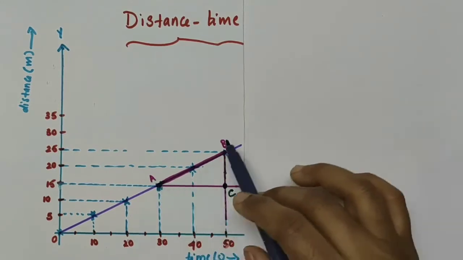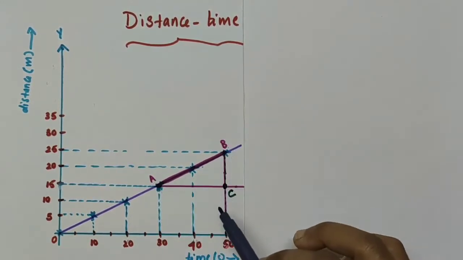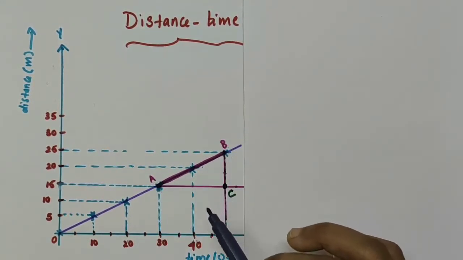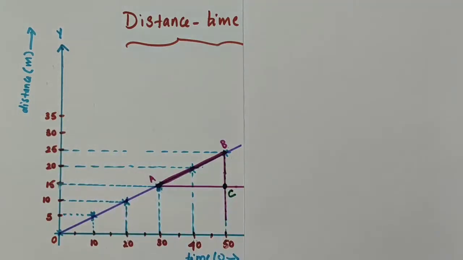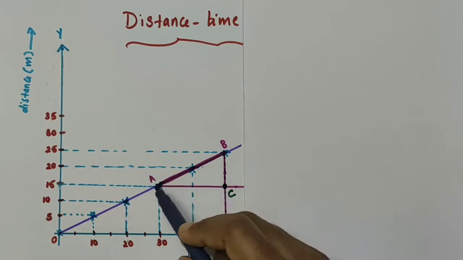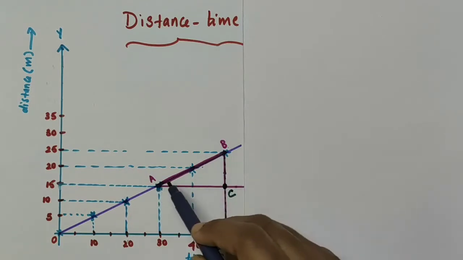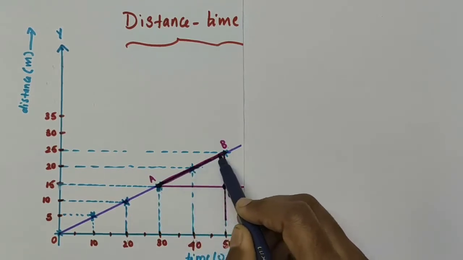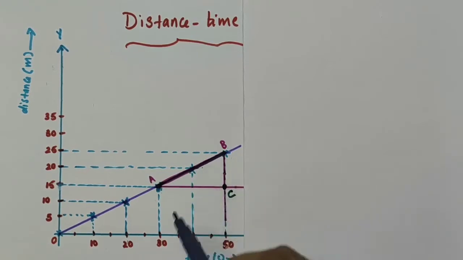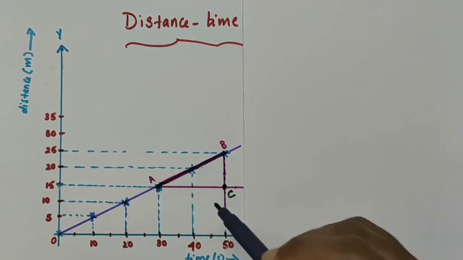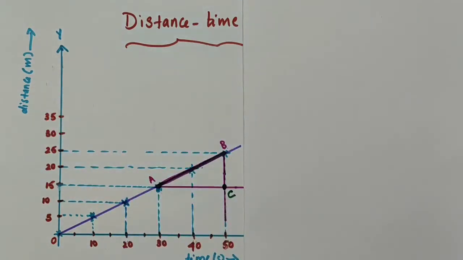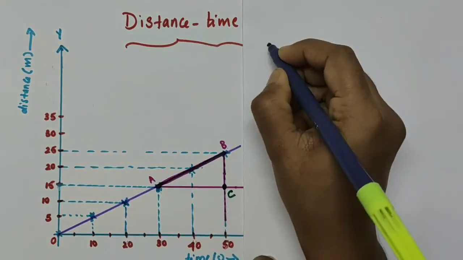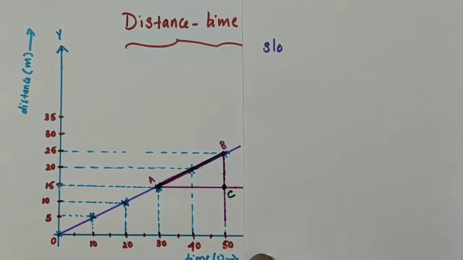Now to get the speed of this object from the distance time graph, we want to find out the slope of the line AB.